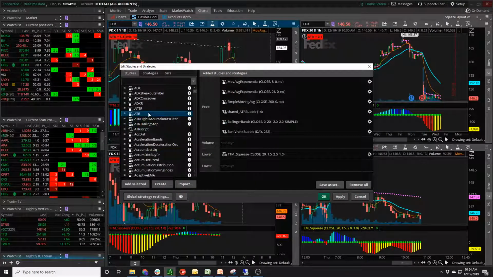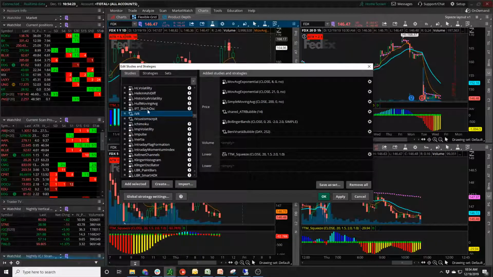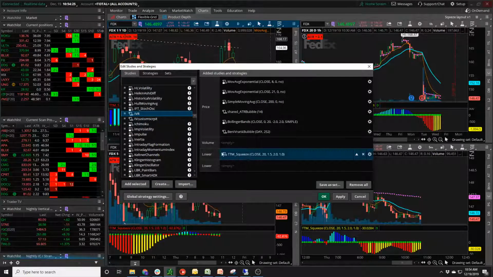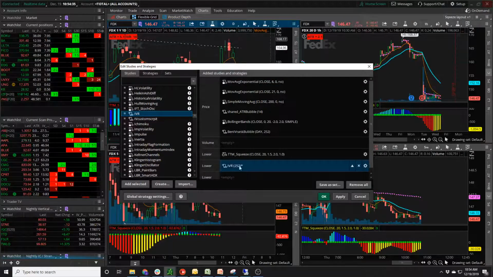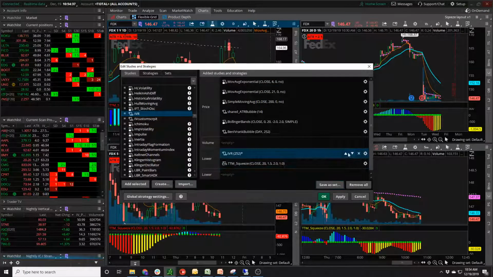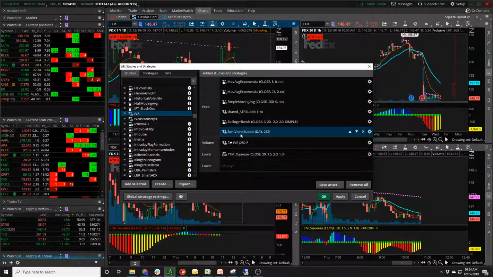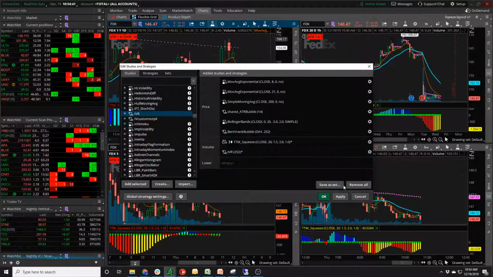And then they have an IV percentile in here somewhere around here. But you can see I already have it. Why is it not showing up? That's funny. But you can just come in here and you can select IV. And then, oh, there's my IV. Let's see, where did it go?